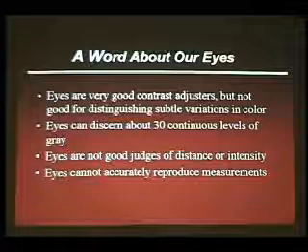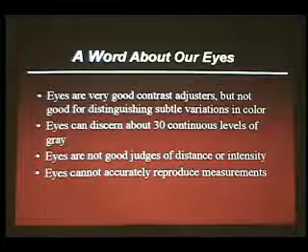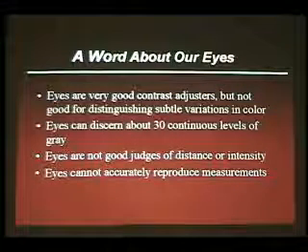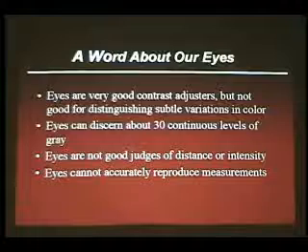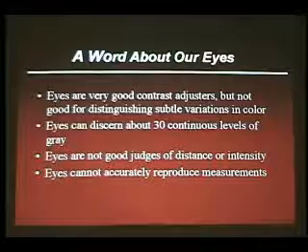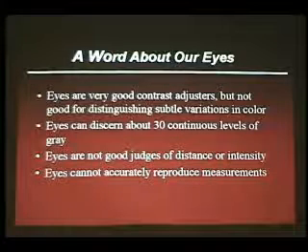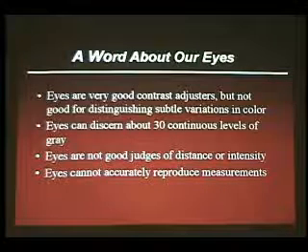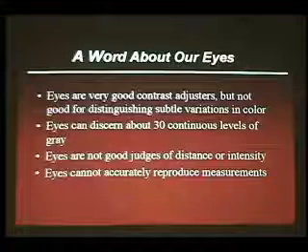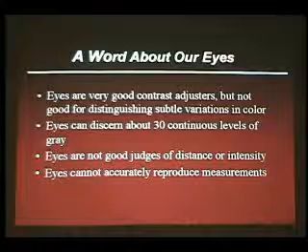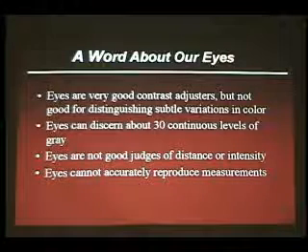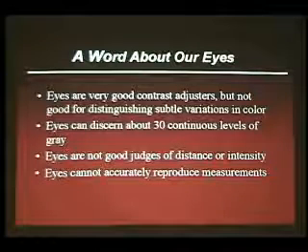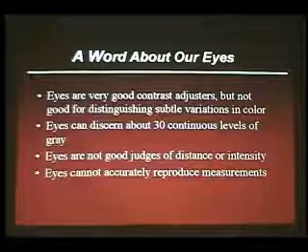But they're not really that great at distinguishing subtle variations in color, subtle variations in gray level, for instance, or even colors. And actually, the eye can only detect about 30 different continuous levels of gray, and I'll show you some examples of that. And if you're looking at distance or intensity measurements, especially of objects that are adjacent to each other, the eyes aren't very good judges of either one, and the eyes aren't that reproducible for repeated measures.